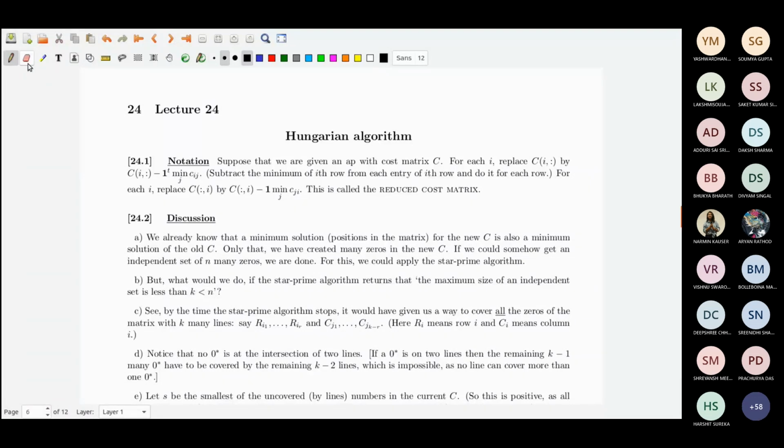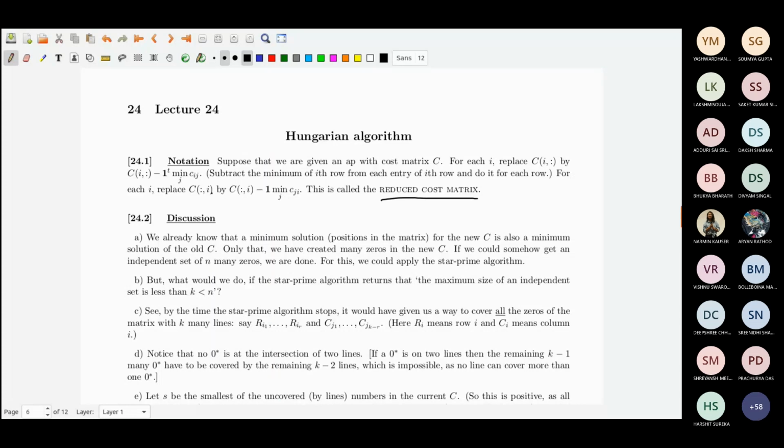So everything differs by constants. So you find a minimum solution for the second cost matrix, and that will be the minimum solution for the original cost matrix. So that was the idea. So that matrix is called the reduced cost matrix. And what is that matrix?